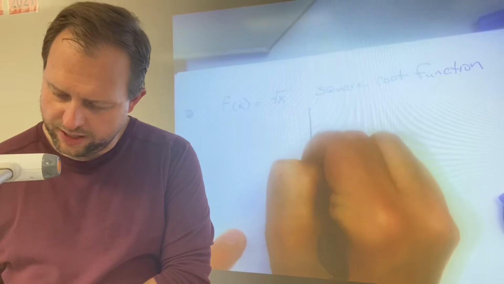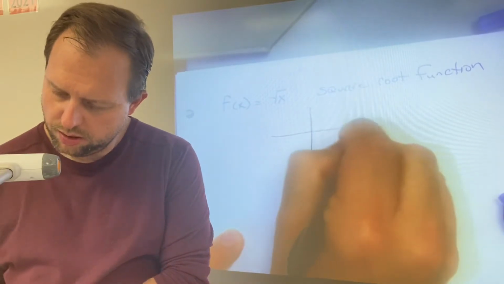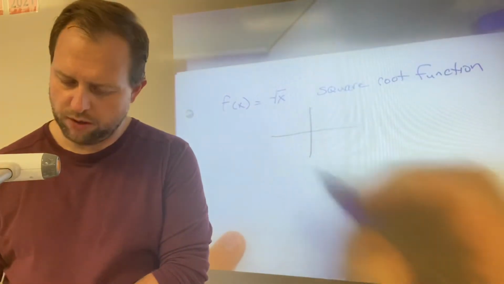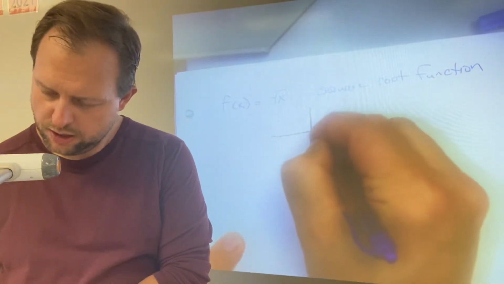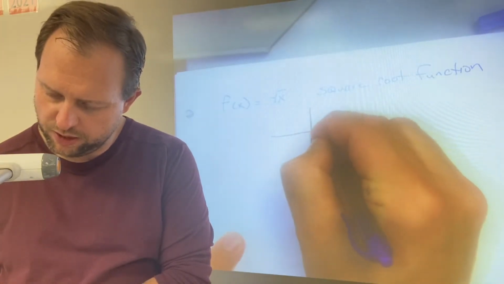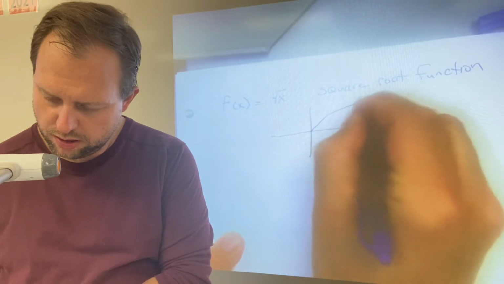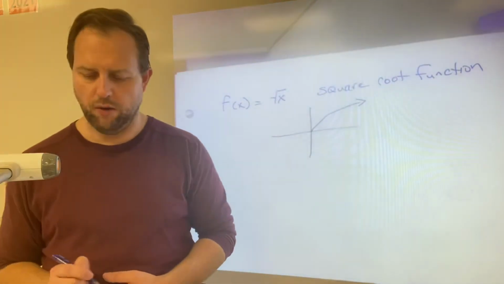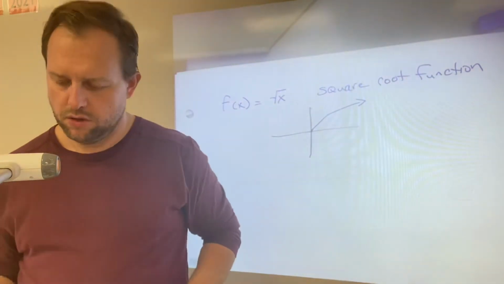Remember, we can't have a negative under the radical. You can't take the square root of a negative number without making imaginaries. So our square root function starts at the origin and heads up and out towards infinity.